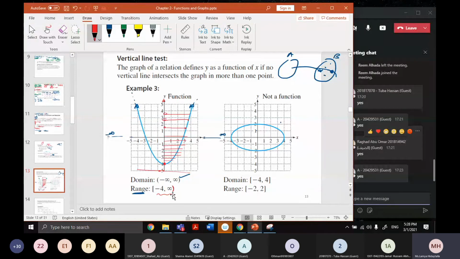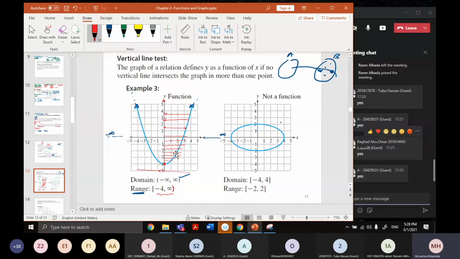It's not closed. We draw like that. So يبقى what is my range? كل الpoints between minus 4 and up to infinity. From minus 4 and up to infinity. Correct? And it's clear. Correct?